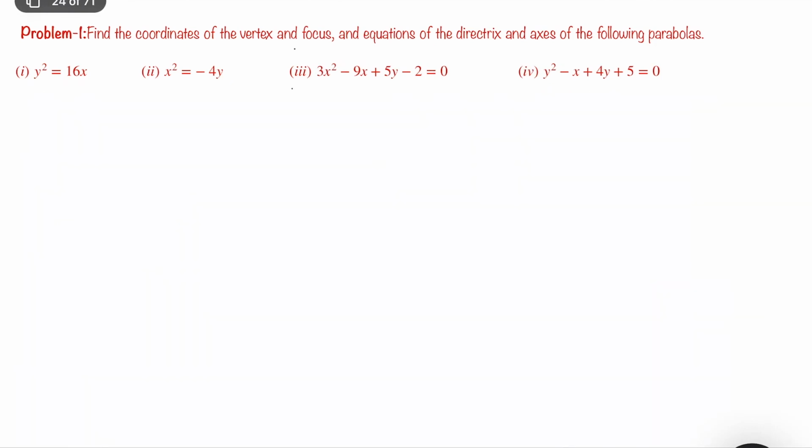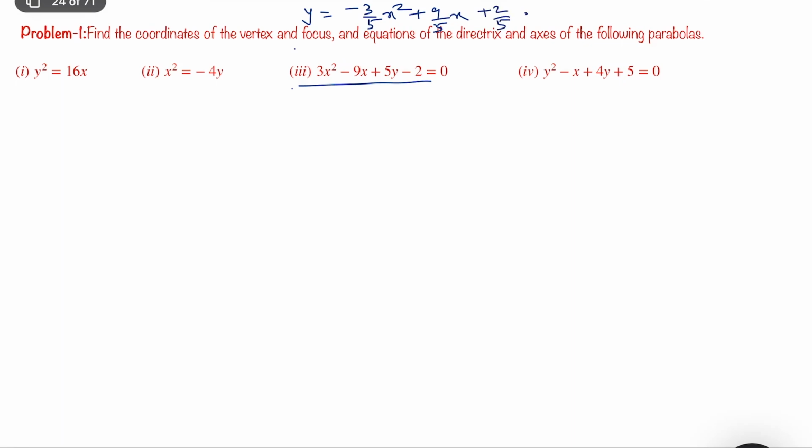Okay, now let us answer this. First of all, this equation 3x square minus 9x plus 5y minus 2 equal to 0, I can write like this: y equal to minus 3 by 5 x square plus 9 by 5 x plus 2 by 5.